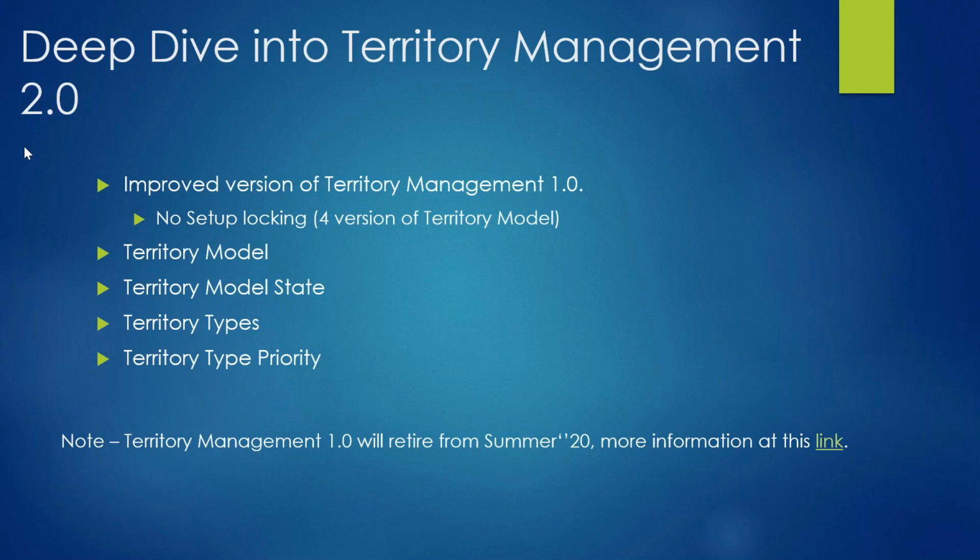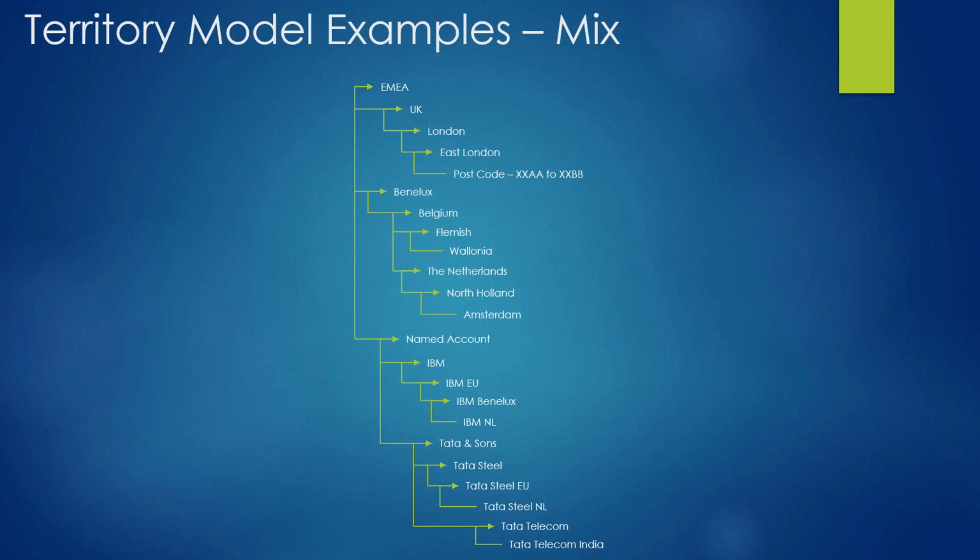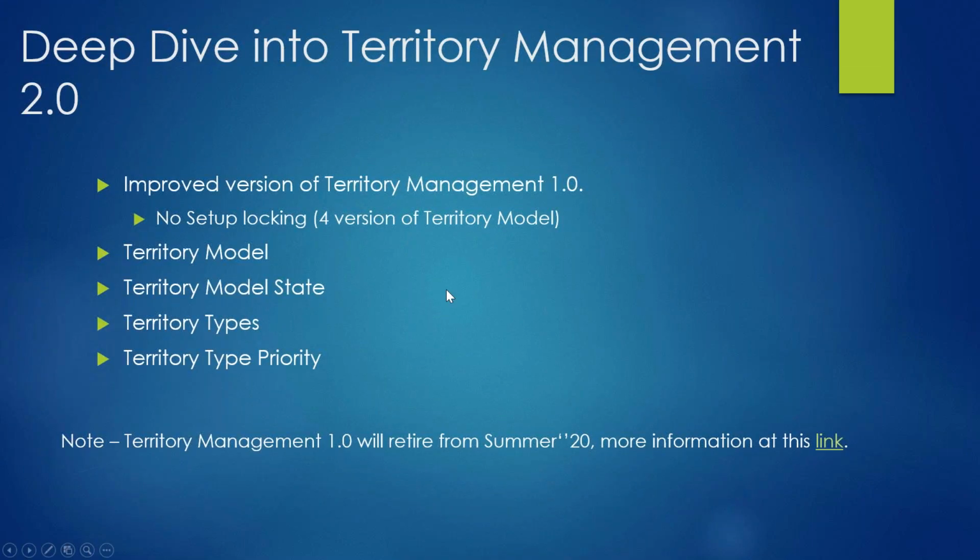When we were working with Territory Management 1.0 and all of the territories that we had to define based on this specific structure, we had to deal with the same hierarchy which was already existing. So in Territory Management 1.0, I cannot have different sets of territory models.